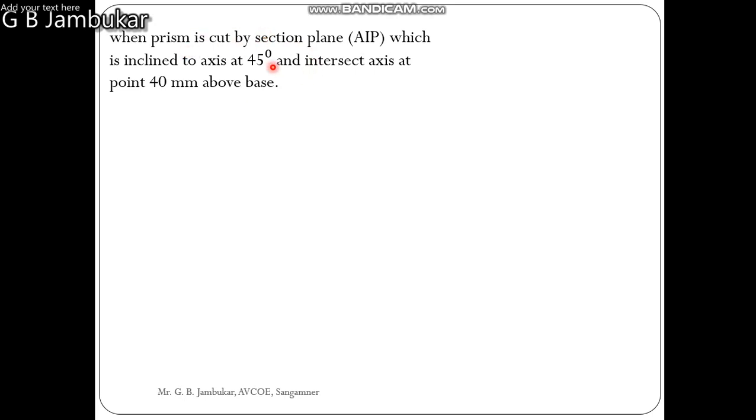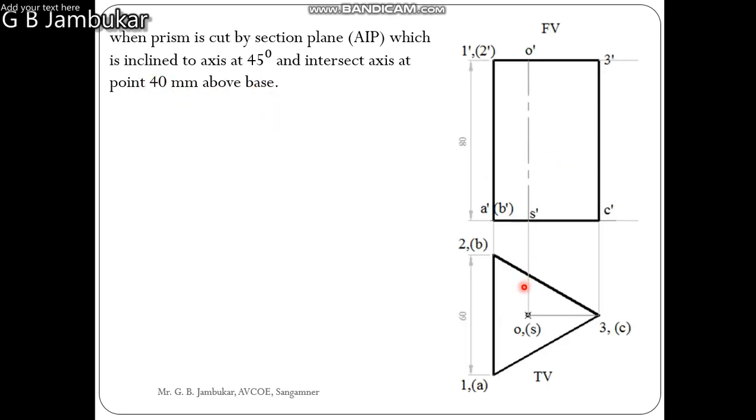Now, how to draw the section plane? The information given in the problem is that the prism is cut by the section plane, that is the AIP, which is inclined at an angle of 45 degrees and intersects the axis at a point 40 mm above the base. So this is the front view and top view of the object, and we have to draw the section plane.